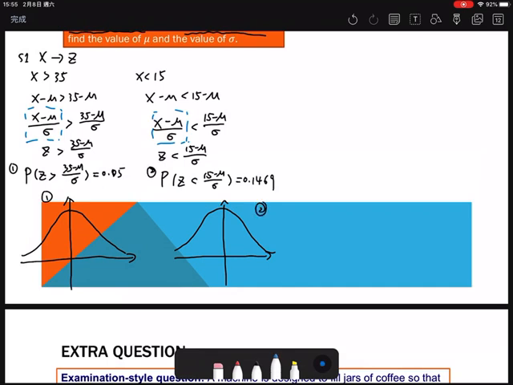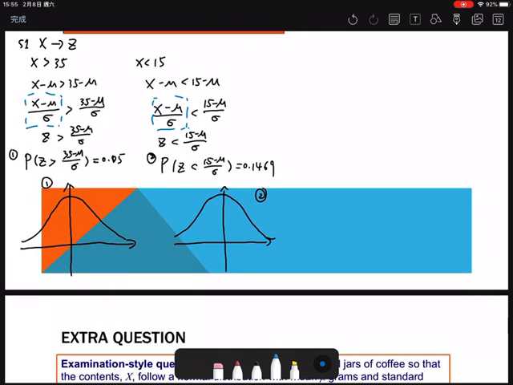So z greater than this value is 0.05, so it must be on the right hand side of the y-axis. So it means this is 35 minus mu over sigma.